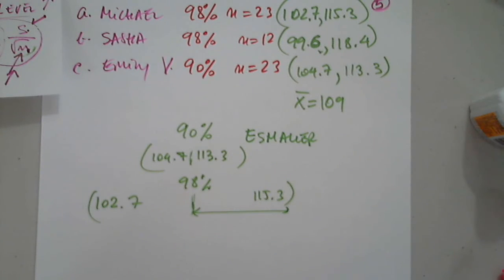Is that clear what I'm showing? Yeah. Okay, so let's see what they want again. As the level of confidence decreases from 98 to 90, the size of the interval decreases. True or false? True.